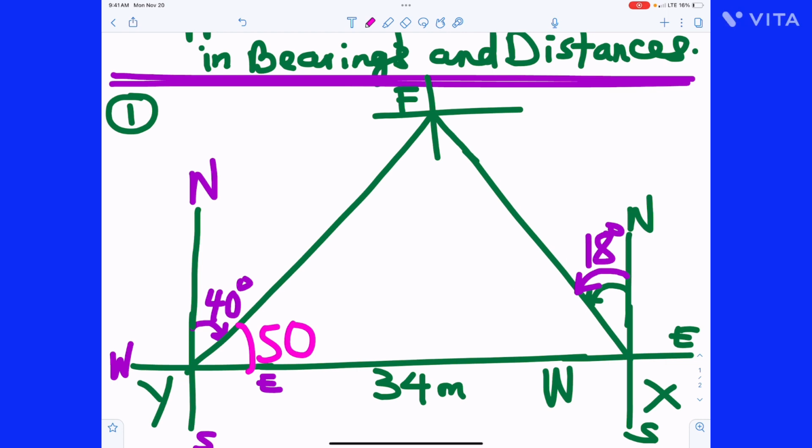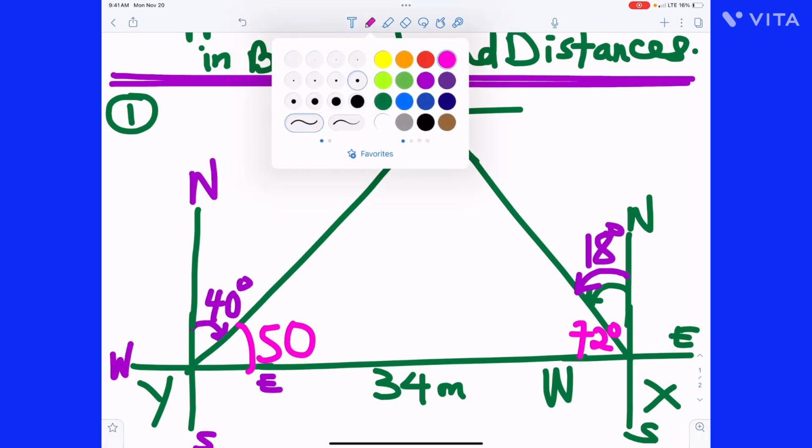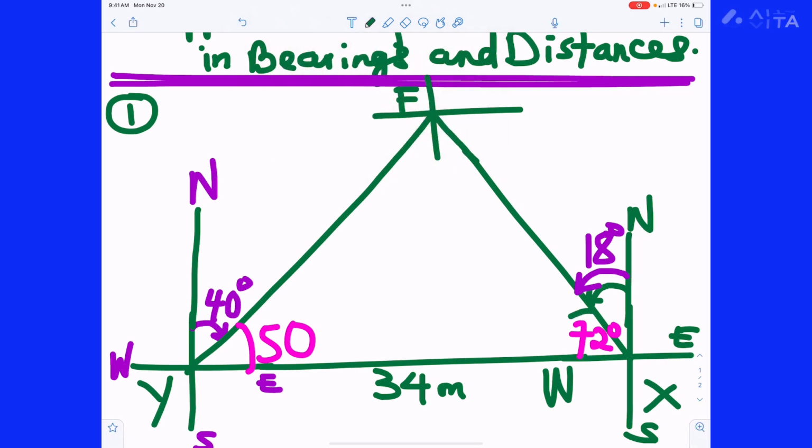But if this is 18, the remainder is 72. Can you see that? 72 degrees here. So I know this place has 72, and I know this place has 50. If I need any more angles, I can easily get them myself.